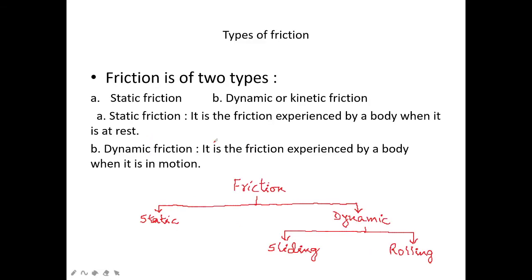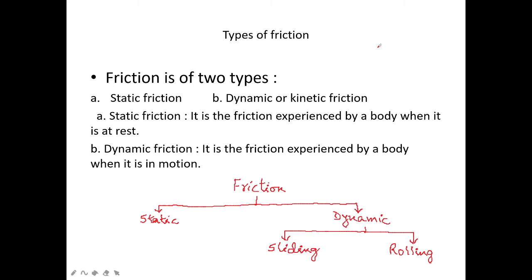Now, types of friction. Friction is of two types. One is called static friction, another is called dynamic or kinetic friction. Static friction. What is static friction? It is the friction experienced by a body when it is at rest.